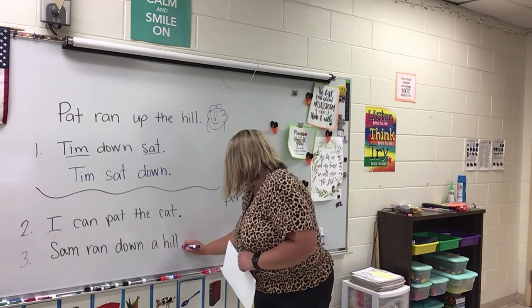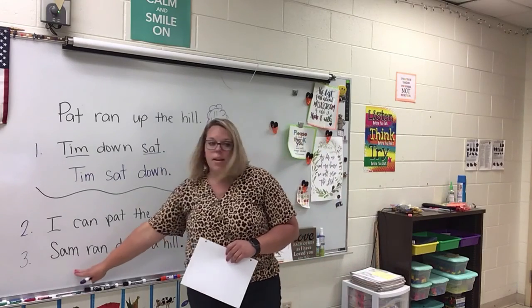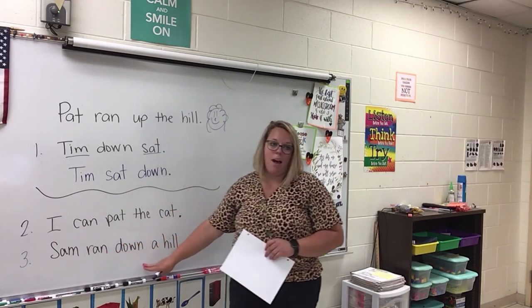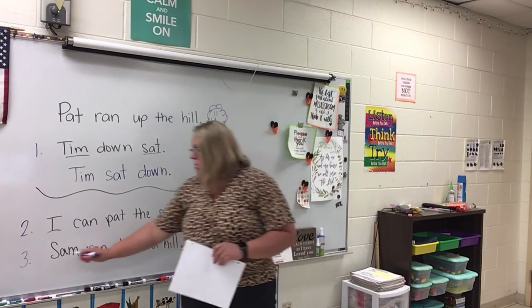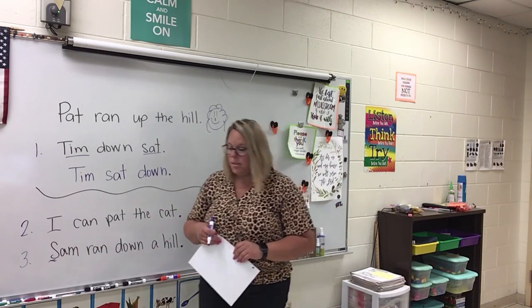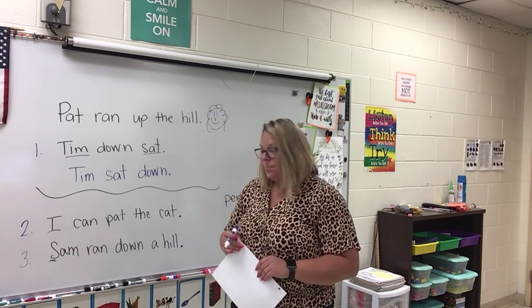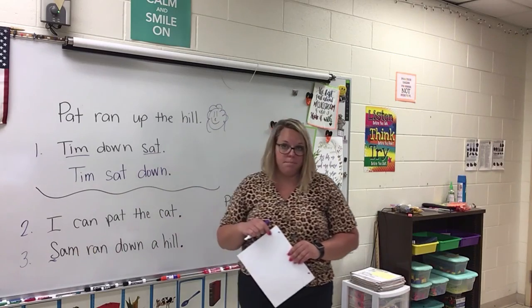We need to have a period. So you're going to go ahead and write Sam ran down a hill. Make sure that you have a capital S for Sam. It's a person's name and it's the first word in your sentence. Go ahead and get both of those done.